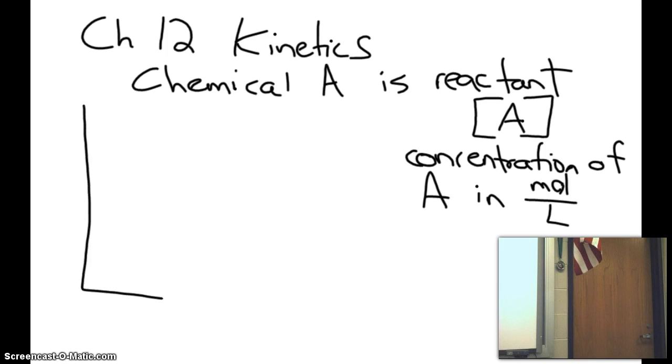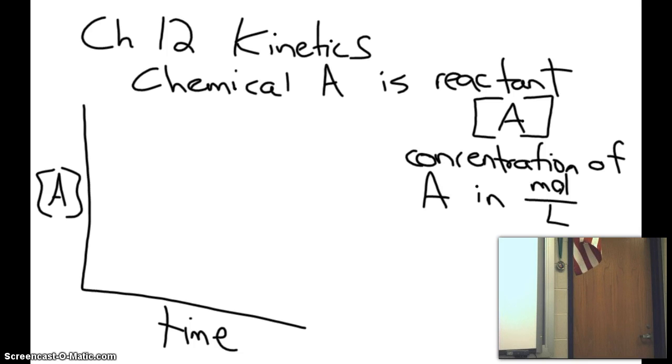So let me make a quick sketch graph that will simply have the concentration of A go against time. We're talking about rate here, the change of the concentration of A, okay?